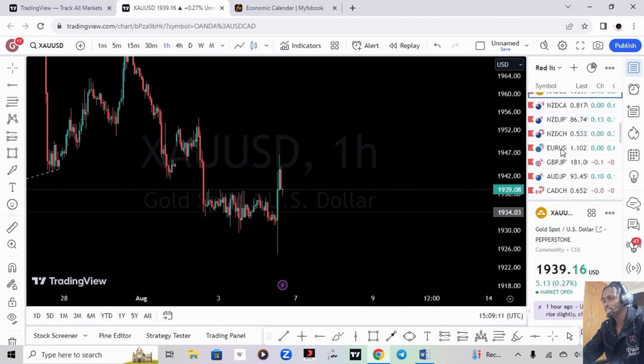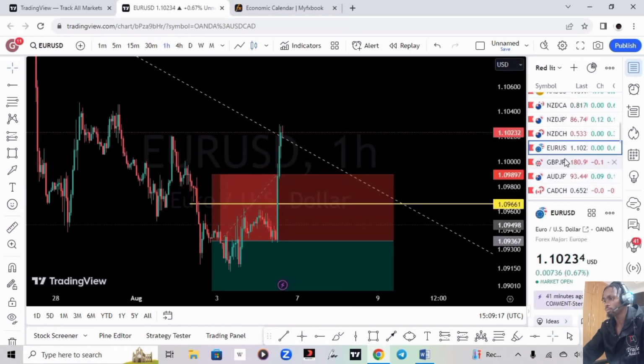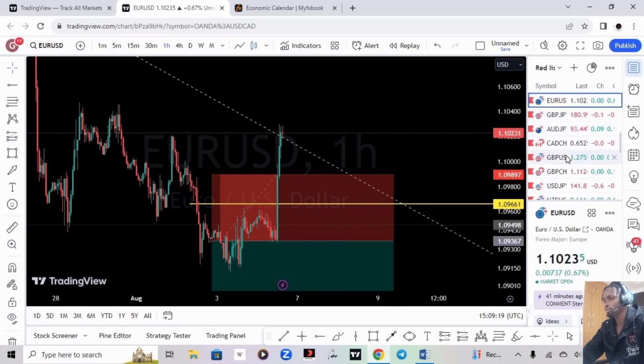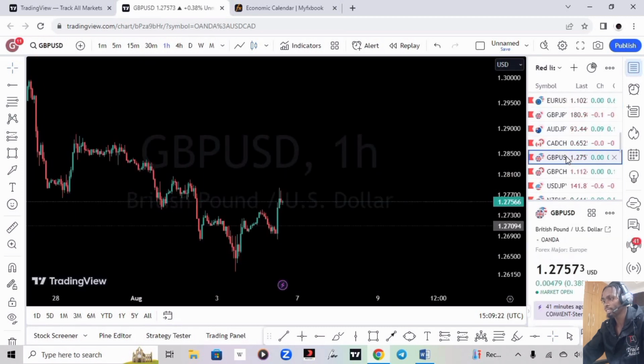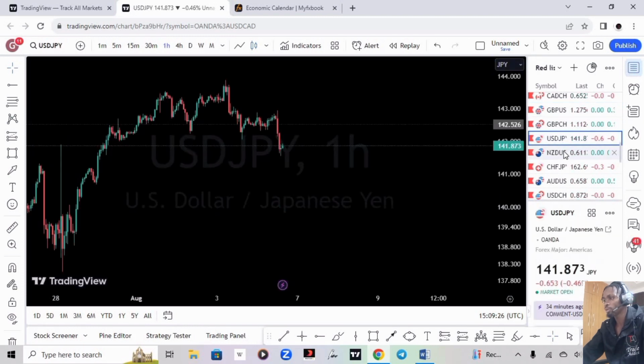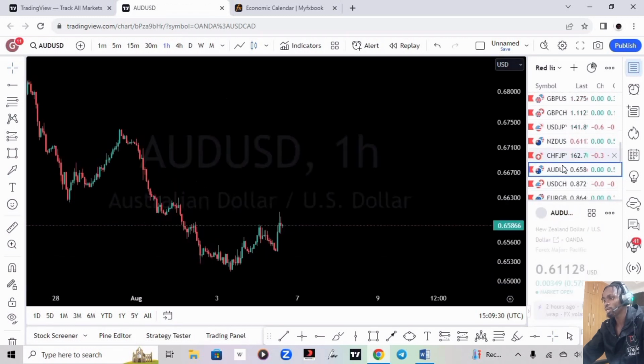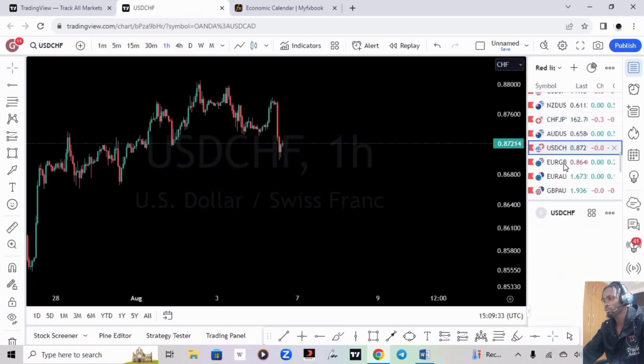And EUR USD is definitely a buy as well, as you can see. Let's check GBP USD. GBP USD is a buy. USD JPY is a sell. NZD USD is a buy. AUD USD is a buy. USD CHF is a sell.